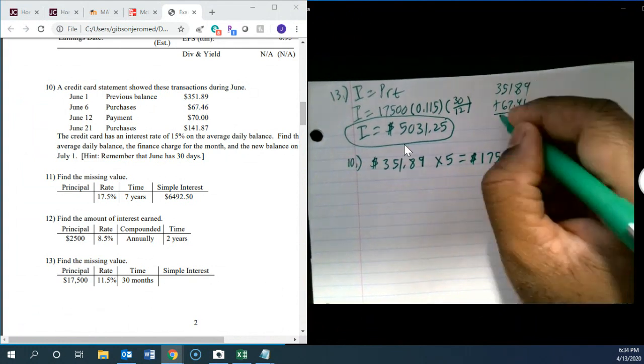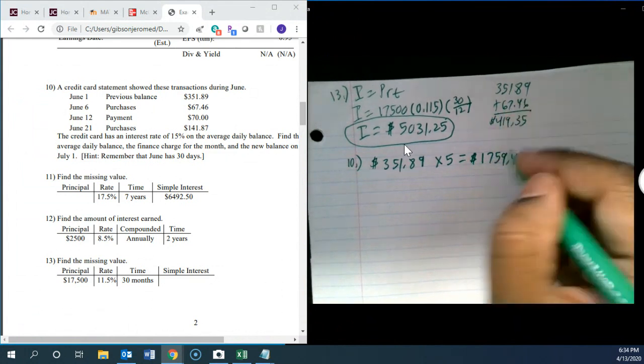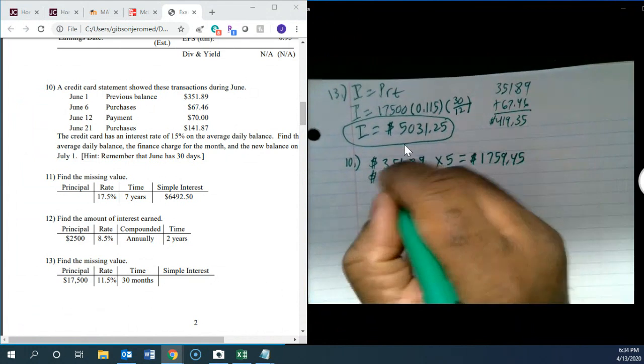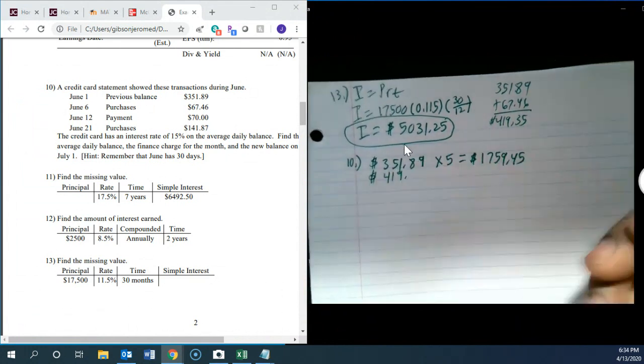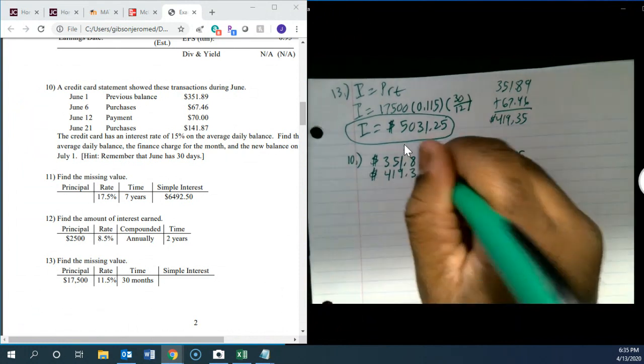So that'll be $419.35. So now, on June 6th, your new balance would be $419.35. Now that goes from June 6th to basically the 11th, because we know the 12th it changes. So we count from the 6th to the 11th, and that's 6 days.